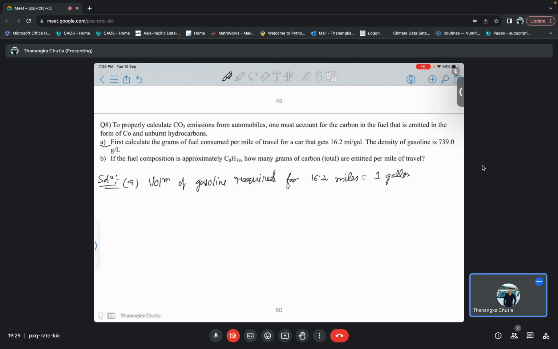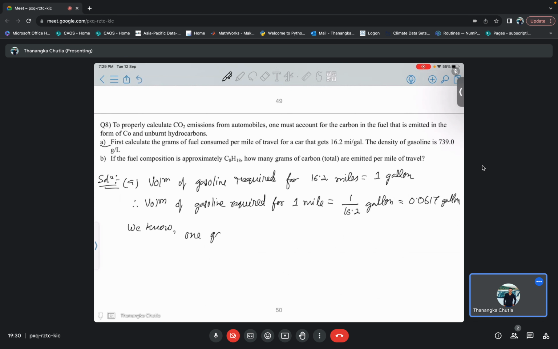Okay, therefore volume of gasoline required for 1 mile, this will be 1 divided by 16.2 gallon. Okay, zero point 0.0617 gallon.